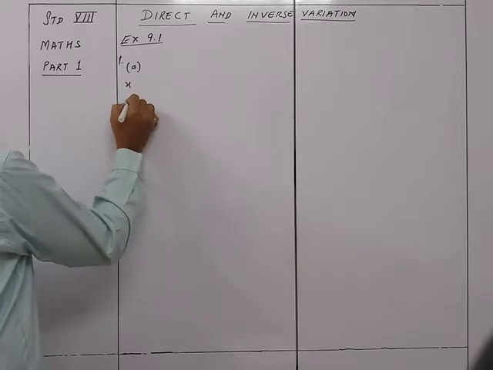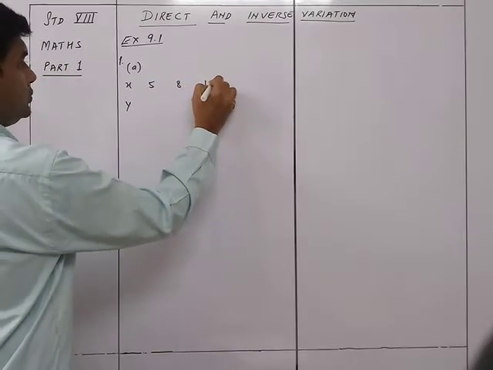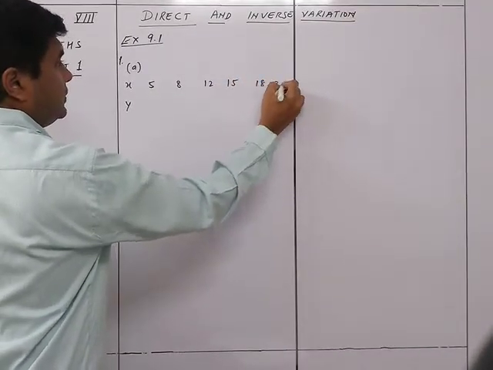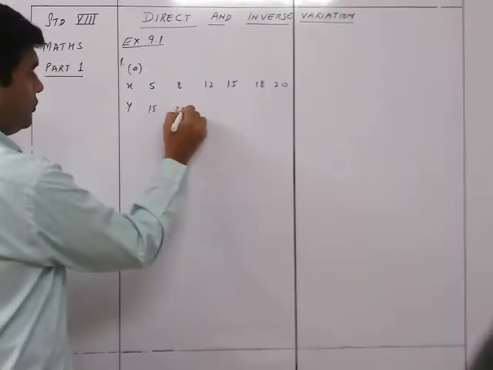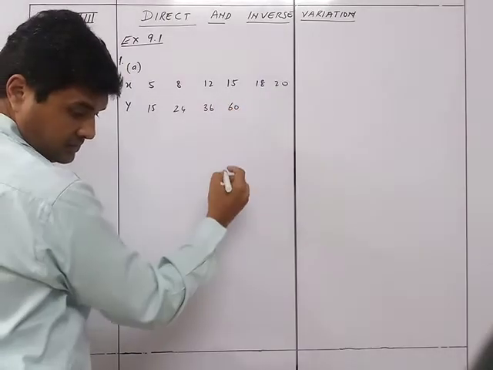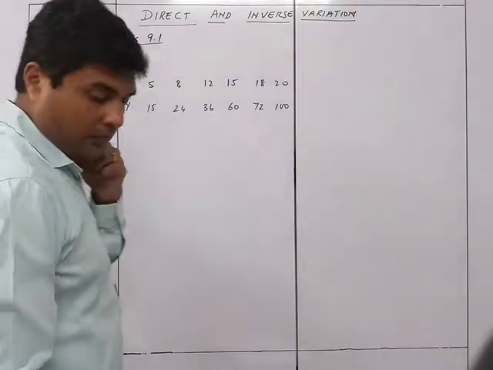So x, y: 5, 15; 8, 24; 12, 36; 15, 60; 18, 72; and 20, 100.